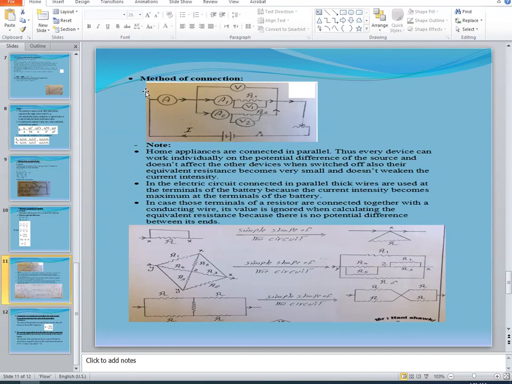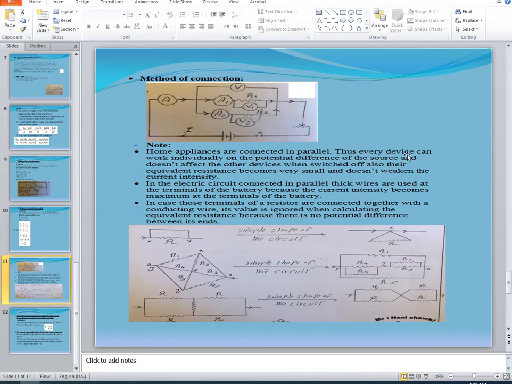Of course, it's better to decrease the value of R, because decreasing the value of R will help us to protect the electric energy. So home appliances are connected in parallel.